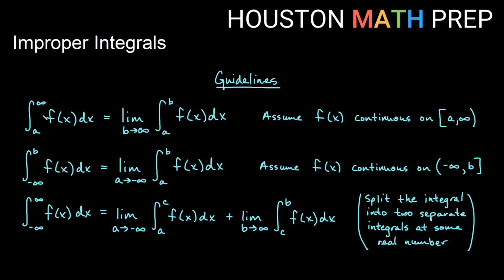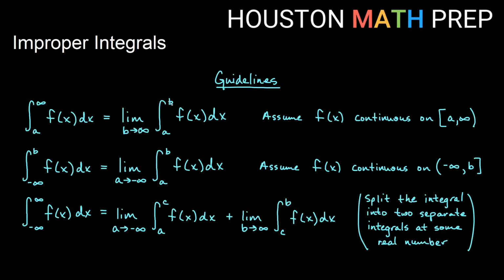If I have an integral from a to infinity, where I have a positive infinite upper bound, then I will sub in some sort of dummy variable for my upper bound and simply take the limit as that thing goes to infinity. The idea again is I can't plug infinity in and do arithmetic, f of infinity minus f of a.